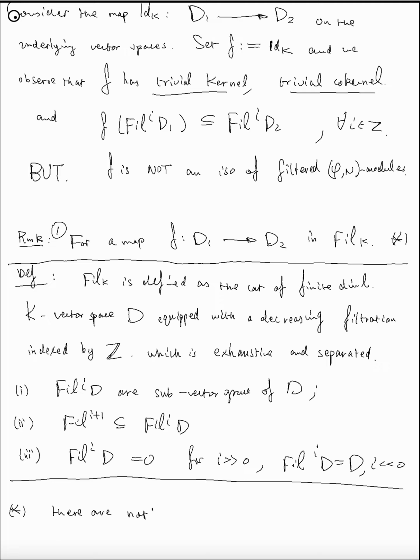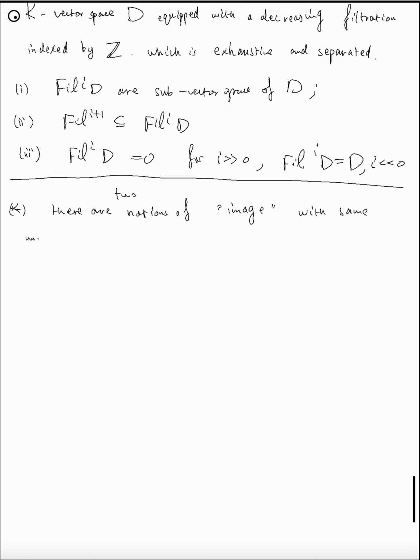There are notions of image; let's say there are two notions of image with the same underlying space, but distinct. Distinct means not isomorphic in this category.